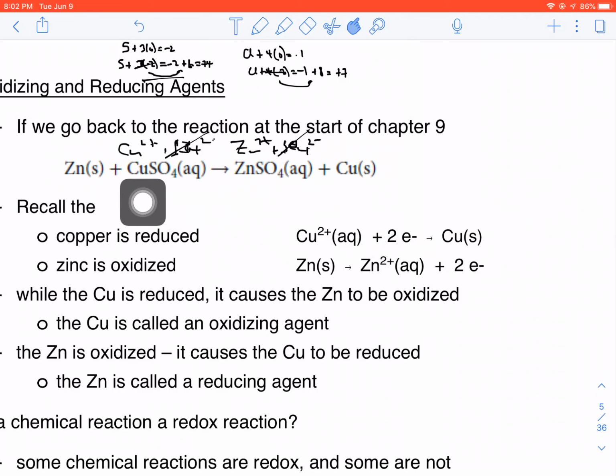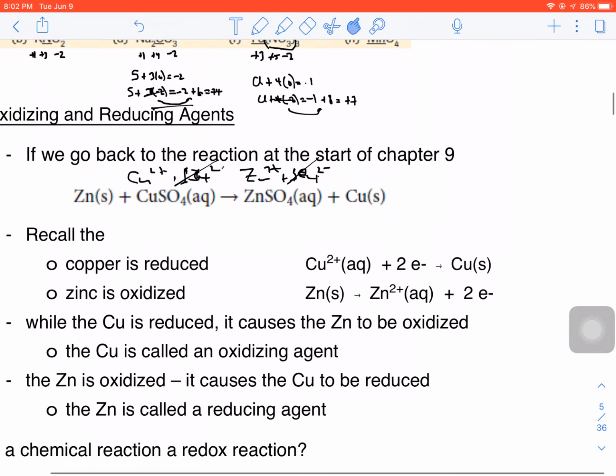Remember, one has to be reduced when the other one has to be oxidized. So if the copper is being reduced, it's forcing the zinc to be oxidized. So we call copper an oxidizing agent. This is probably the trickiest concept in this entire chapter 9-10, is what you see right here.